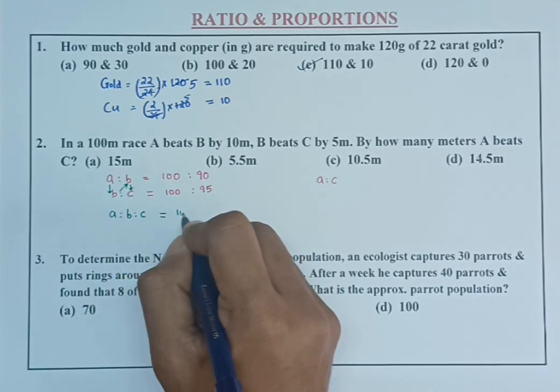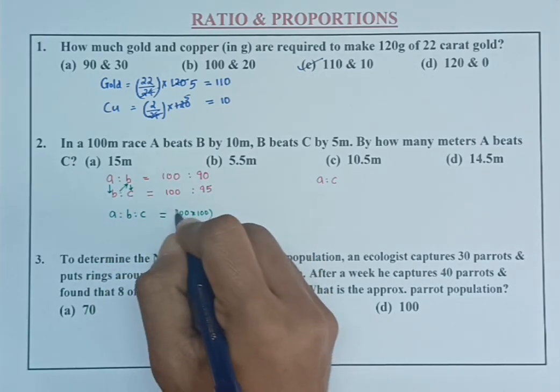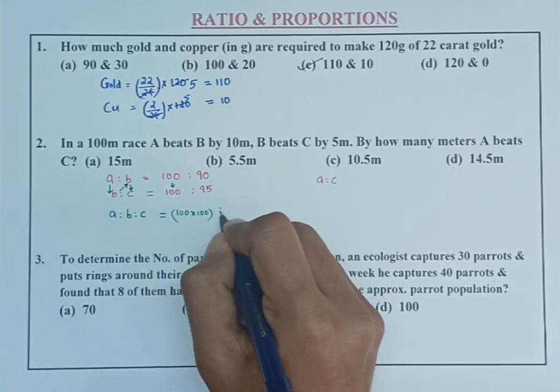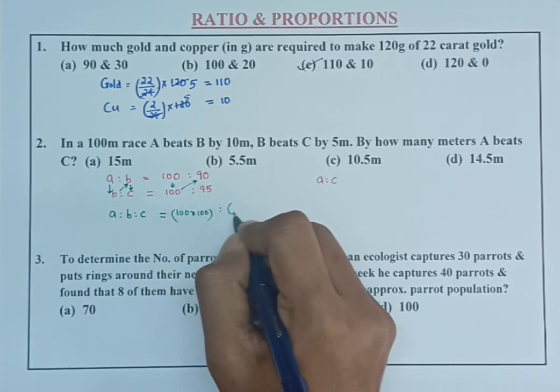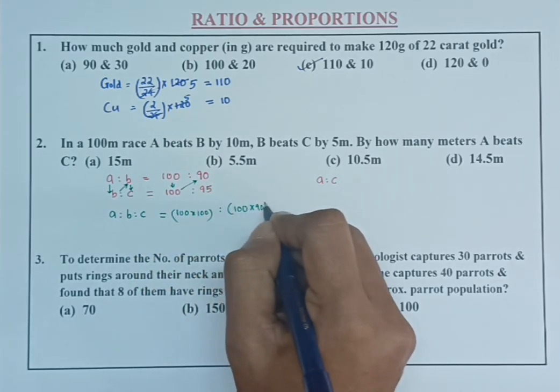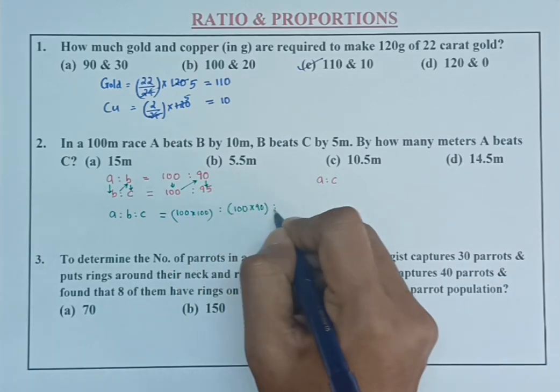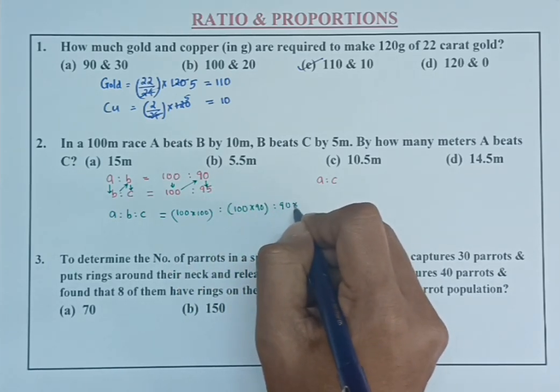So 100 by 100 is to 100 by 90 is to 90 by 95.